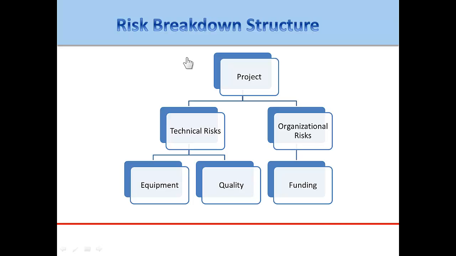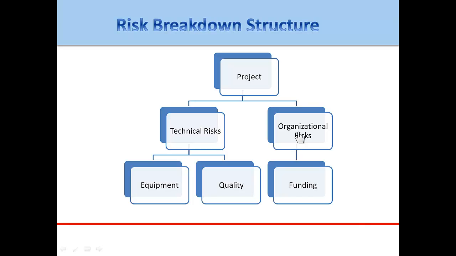An RBS can be developed across the whole project, or it can be done for a work package or even an activity. The example shown on this slide is neither detailed nor comprehensive, but hopefully it will give you an idea of how the tool might be used. Every project has technical and organizational risk.